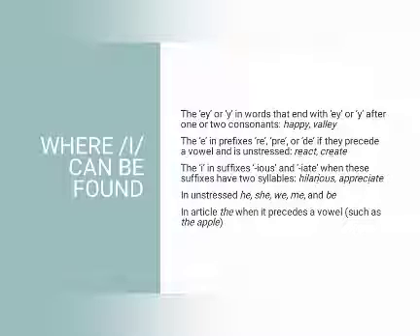The i in the suffixes ious and ate when these suffixes have two syllables, like in the words hilarious and appreciate. In unstressed he, she, we, me, and be. In the article the, when it precedes a vowel, such as the apple.